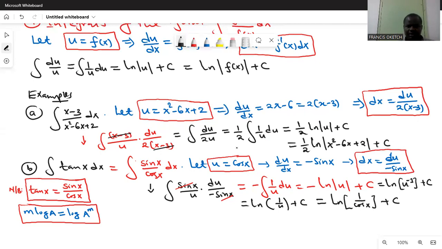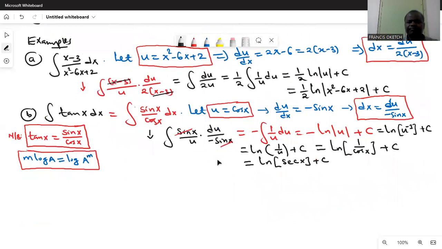But what is 1 over cos x? It is the same as sec x. So ln of sec x plus a constant c. What you need to take note of is that the integral of tan x with respect to x should always give us ln of sec x plus a constant c.